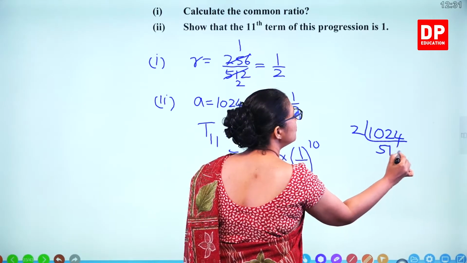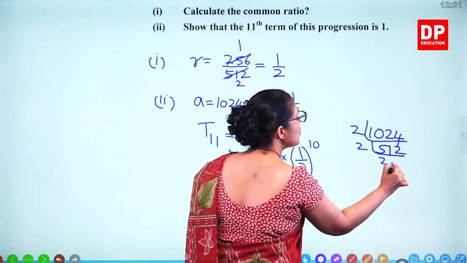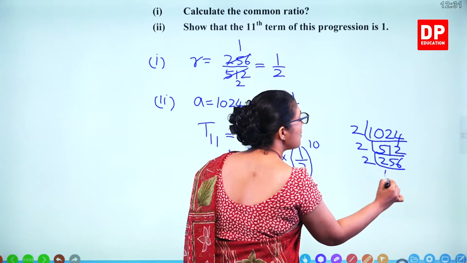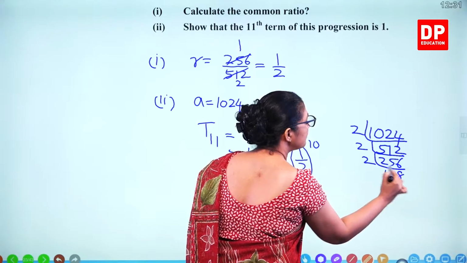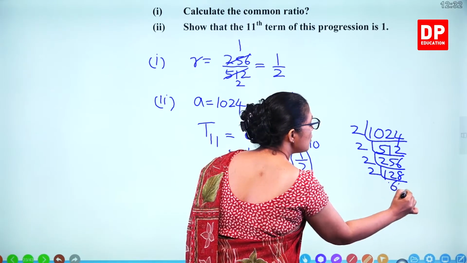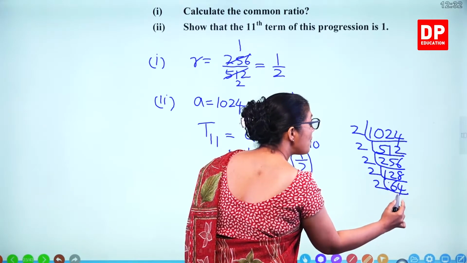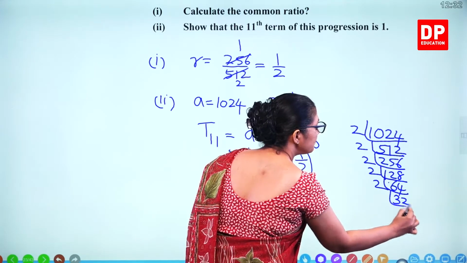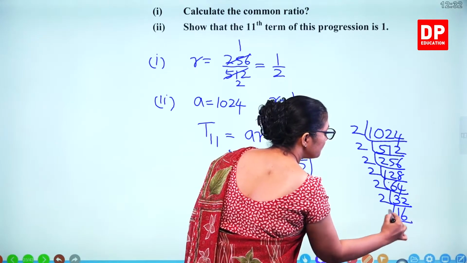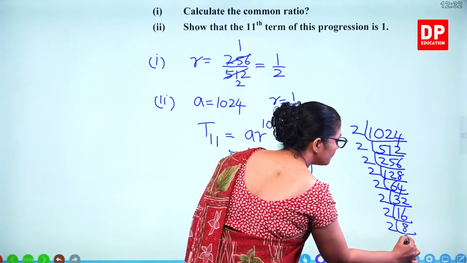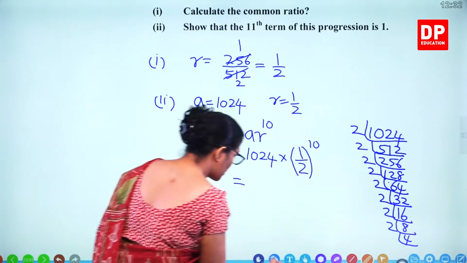Divide by 2, divide by 2, divide by 2 again, until you get 1, and see how many 2's there are. So how many 2's?